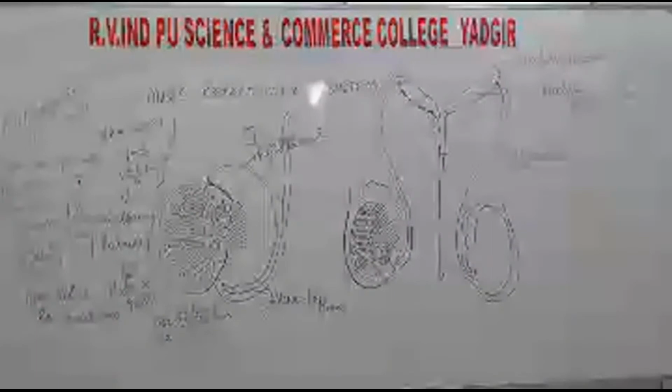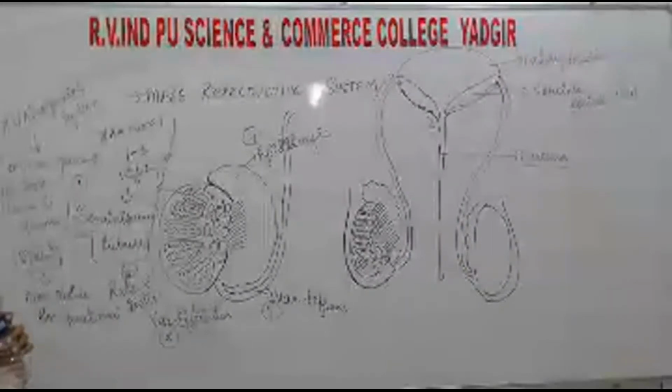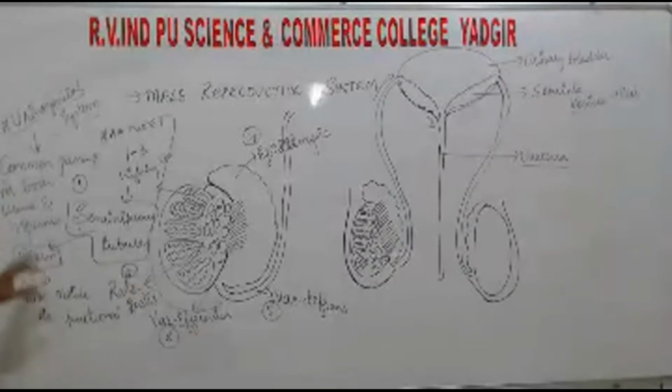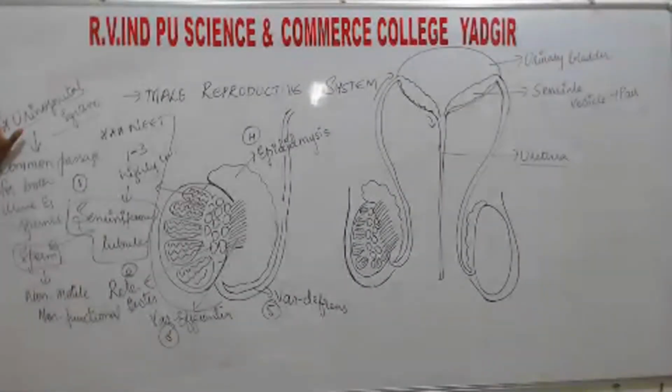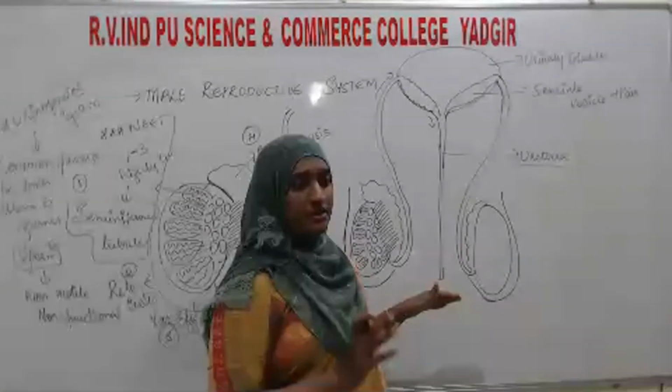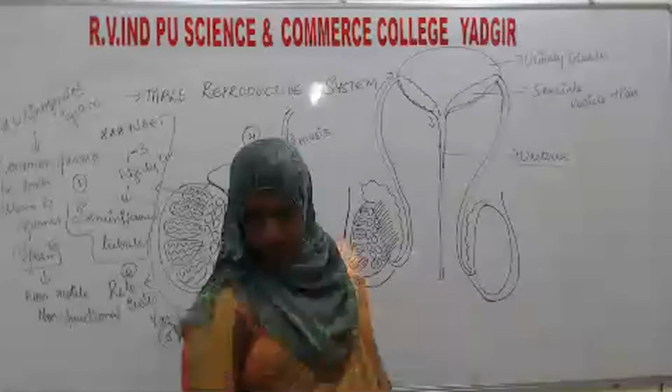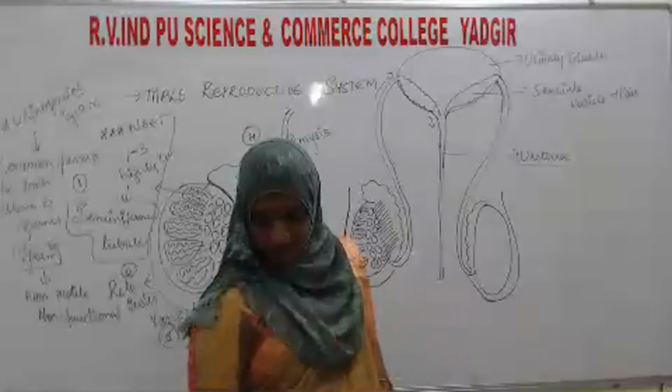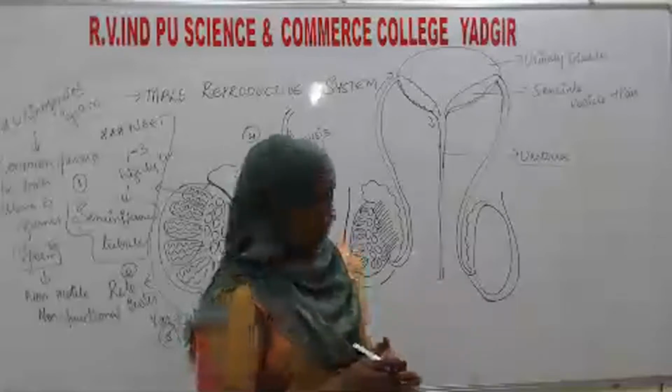Okay, for both urine and sperms. That is known as the urinogenital system. Okay, this is also a very important new point. Then next, after the seminal vesicle, there is the presence of one more gland. Here you see.